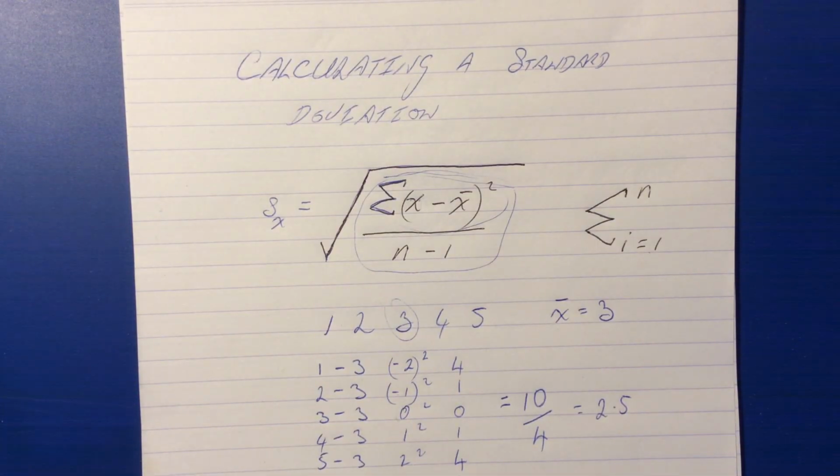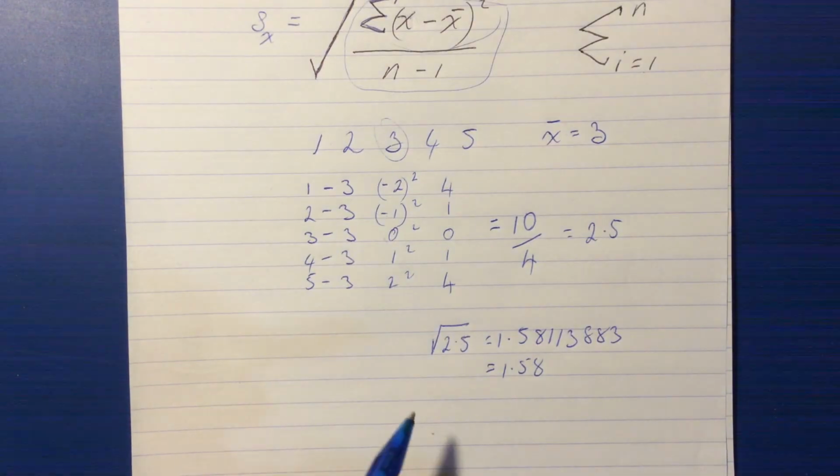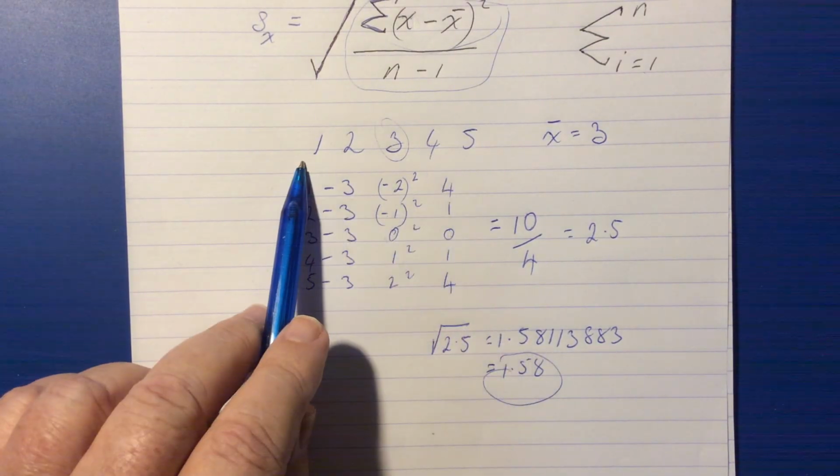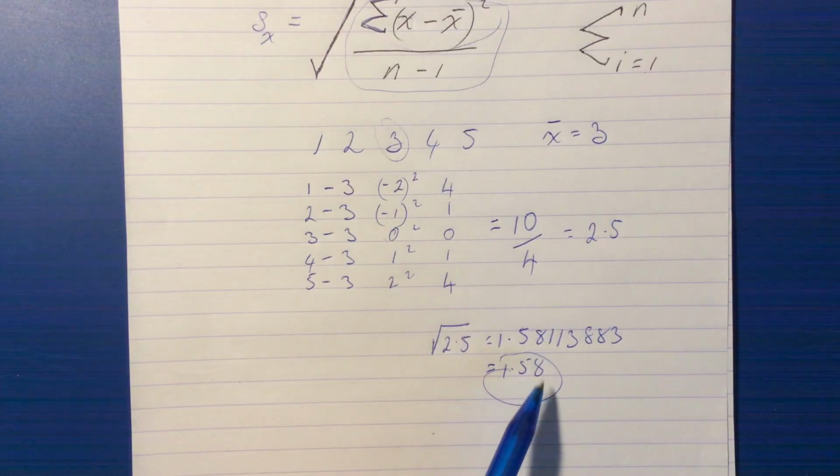So the standard deviation of this set of numbers is 1.58.